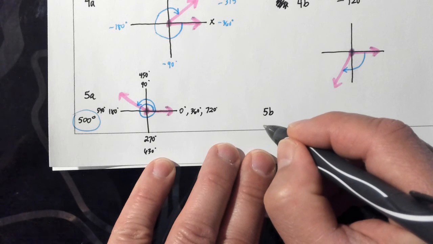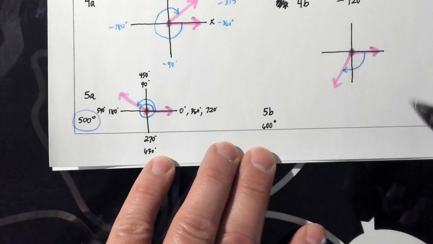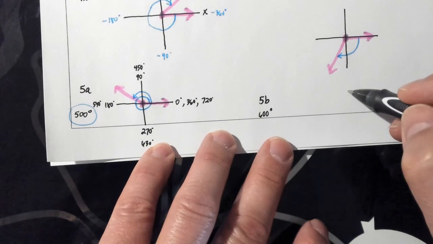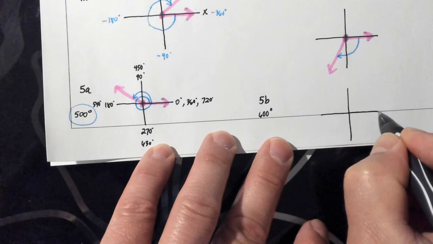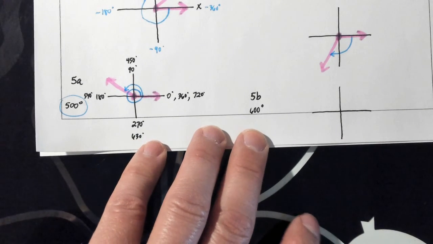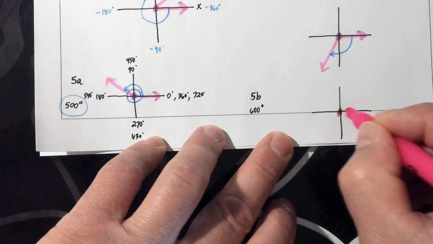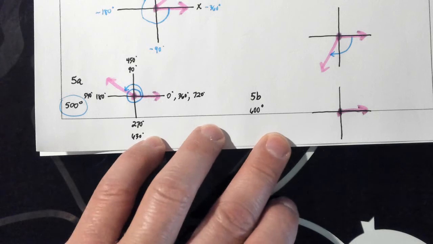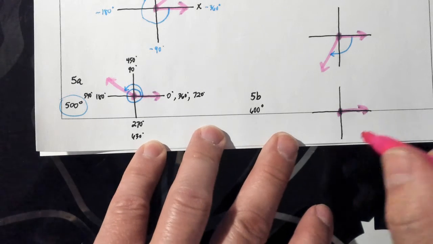I'm going to draw a 600-degree angle. Start with your x and y axis. Vertex in the middle. Initial side on the positive x-axis. And here we go.